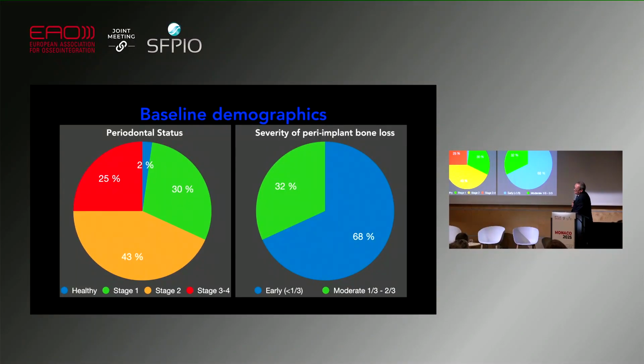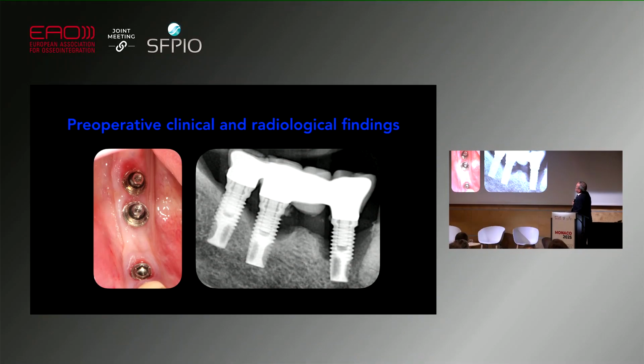And regarding the severity of the peri-implant bone loss, we tried to focus on not too advanced cases. This is not to focus on very advanced bone loss cases. You will see how it was solved. That is the solution, to focus on not so advanced cases.